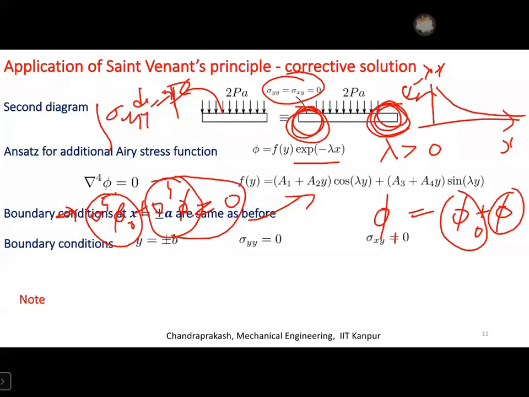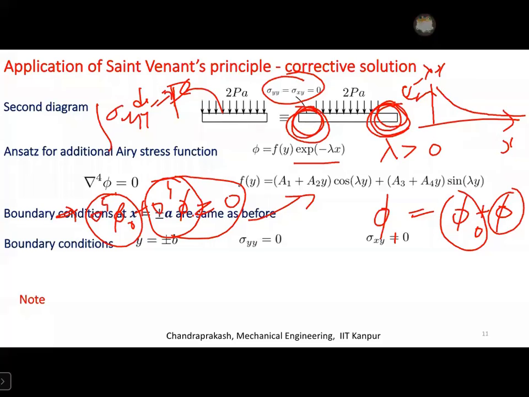Now one short note which I want everybody to pay attention to is on the behavior of f of y. What kind of function is A1 cos lambda y? Is it an odd function or an even function?